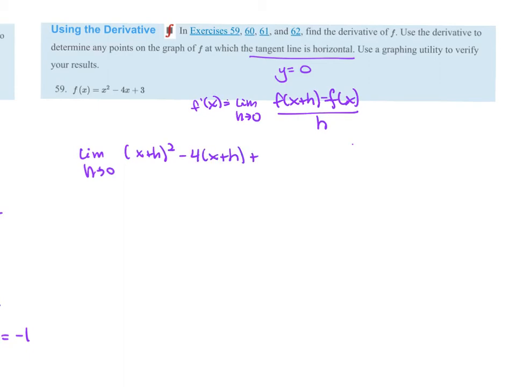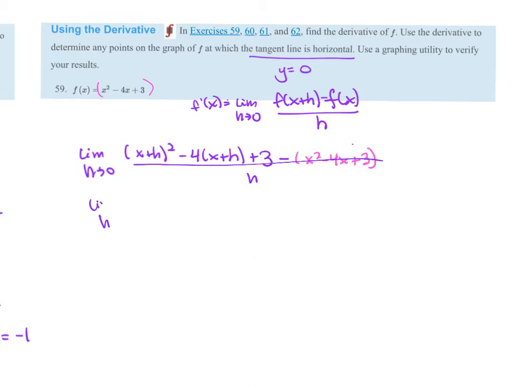So again, we plugged in the x plus h into this equation first, and then now you subtract f of x, so just this whole thing here. So minus x squared minus 4x plus 3, and that's all over h.